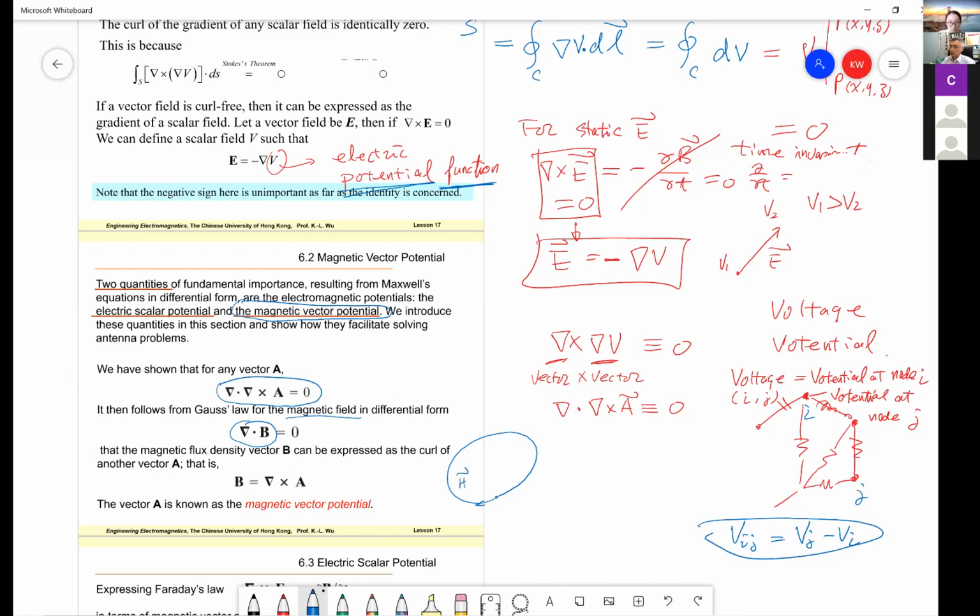So the magnetic field line is always a closed loop, but the electrical field is different.